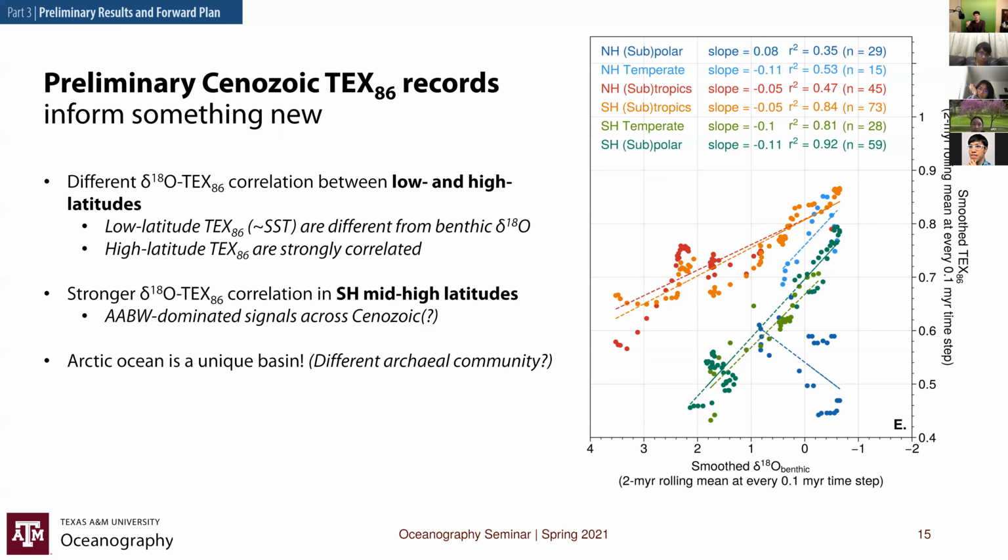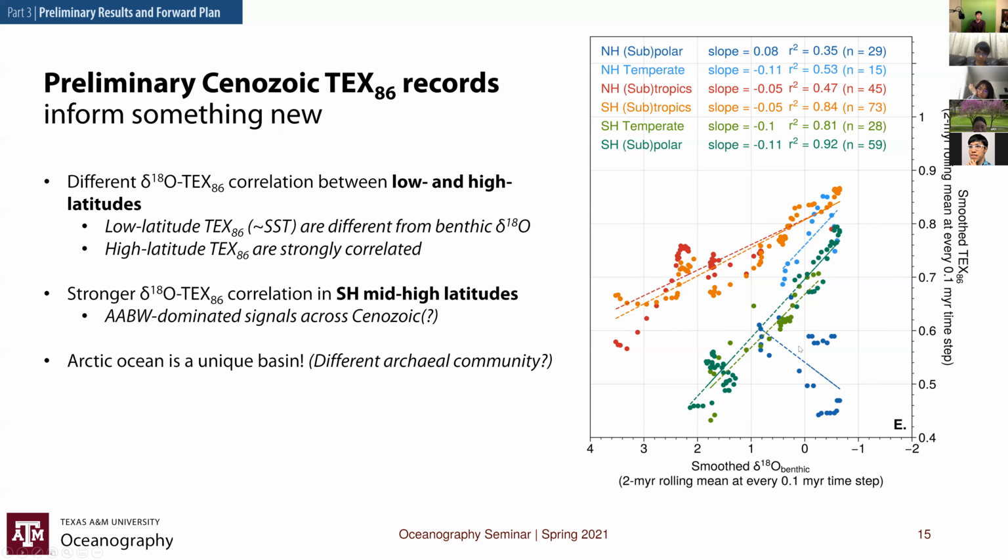The reason is that we still don't really understand the biology in the Arctic Ocean. They might have a different archaea community, whose organic compounds don't make the TEX86 value correspond well with the sea surface temperature.